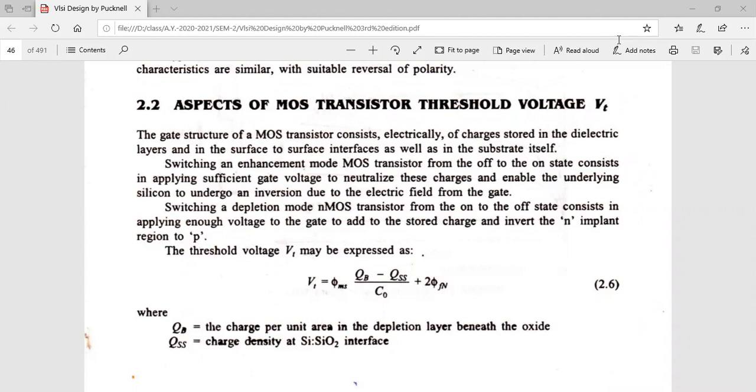Okay, you know that if you are taking an NMOS transistor, you have a source and the drain of N type, which is of high concentration, and you have a gate material above the silicon wafer, which is made of silicon dioxide. Over that, we will have polycrystalline silicon, that is the gate material.